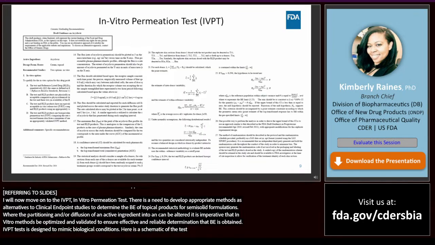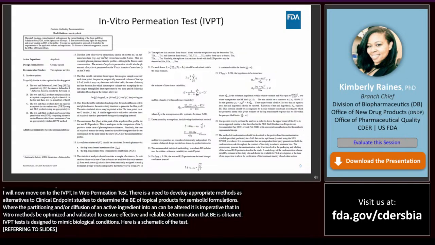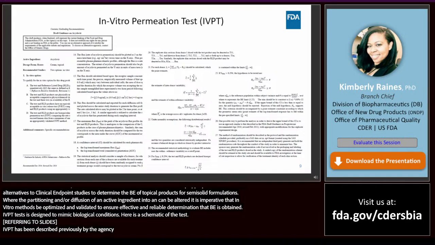Similar to IVRT, IVPT has been described previously by the agency. In the product-specific guidance for acyclovir, the in vitro option describes the statistical conditions needed for a proper IVPT assessment.